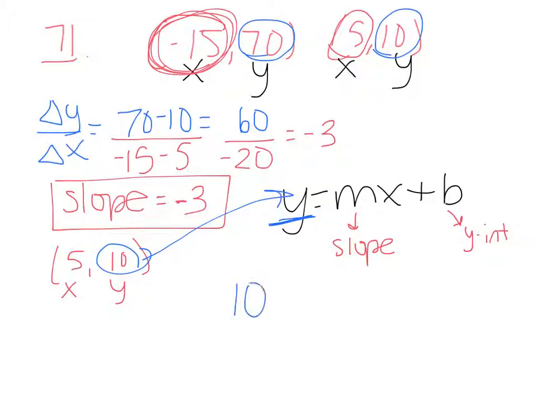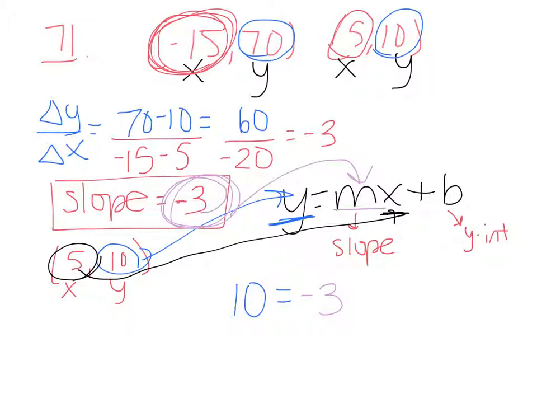So we have 10 equals. Now we're going to take our m, which is negative 3, our slope, and plug that in for that spot. Now we're going to take the x, which is 5, and plug that in there, so 5 times negative 3, and then bring down the plus b.